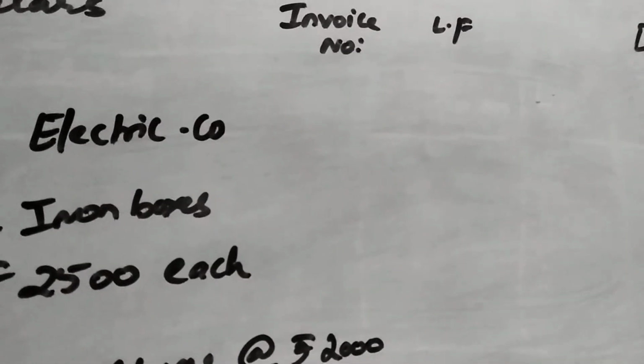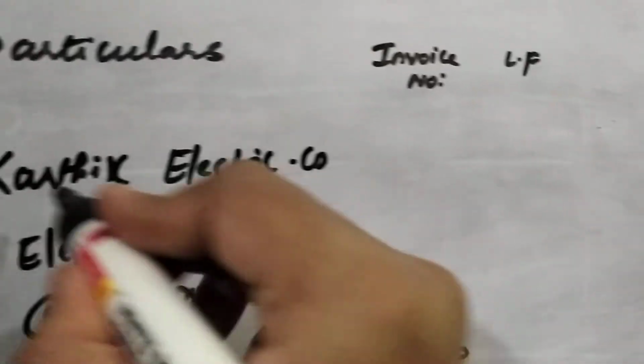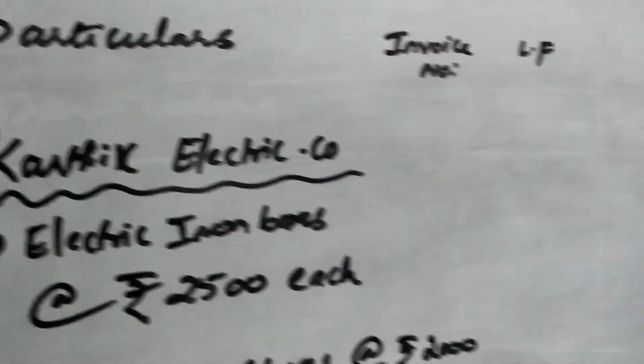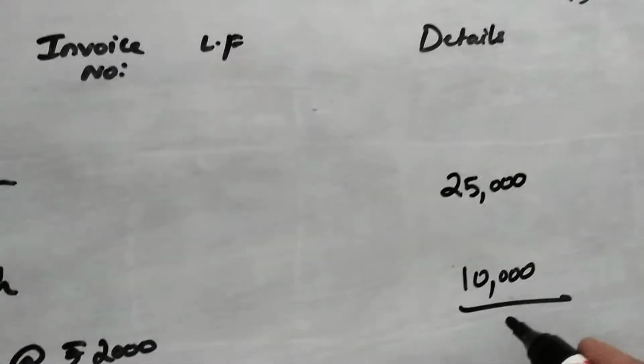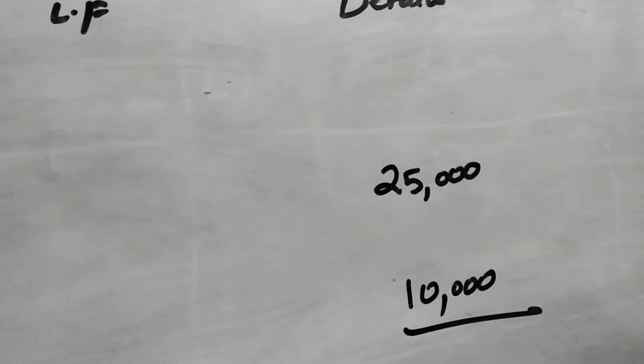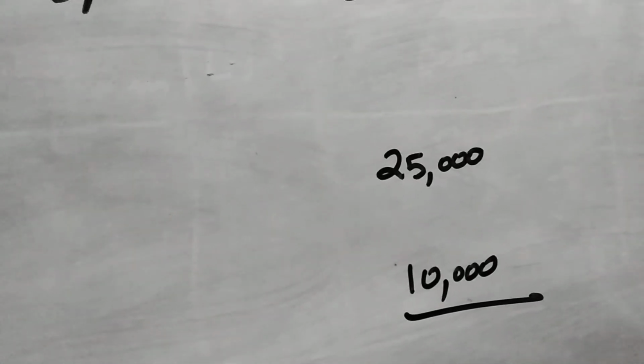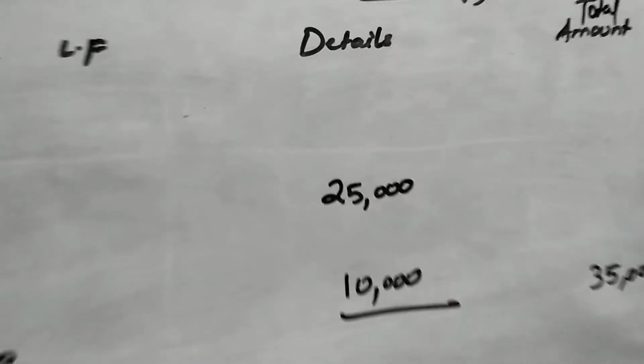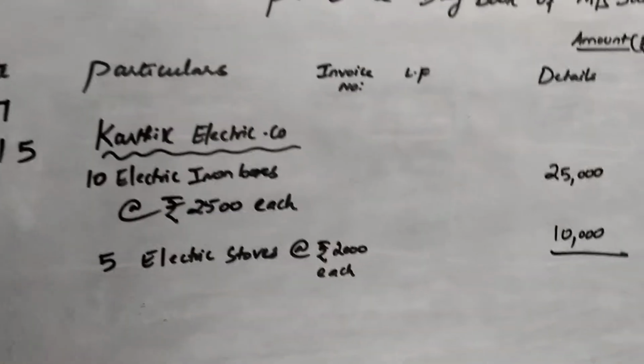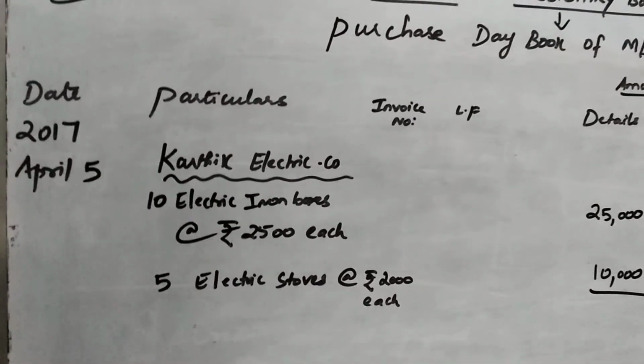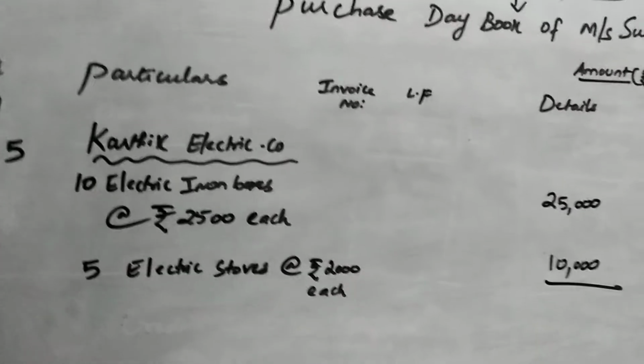So what is the total for Karthik Electric Company? 25,000 plus 10,000, 35,000 should be written in the outer column. Are you able to understand? First you will write the date, 5th of April, Karthik Electric Company.